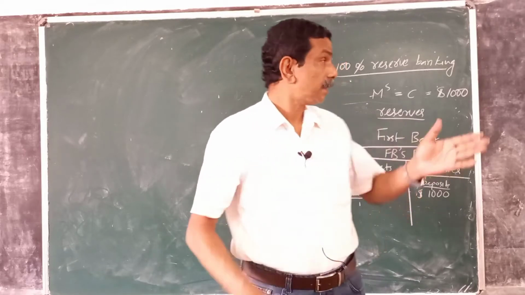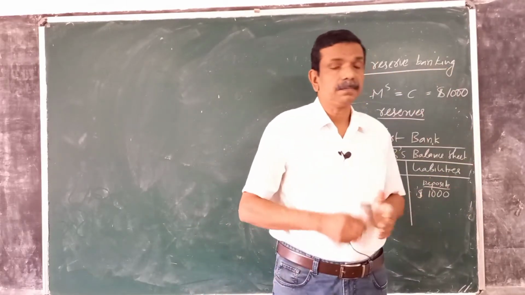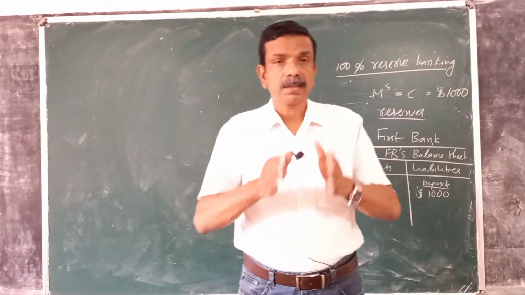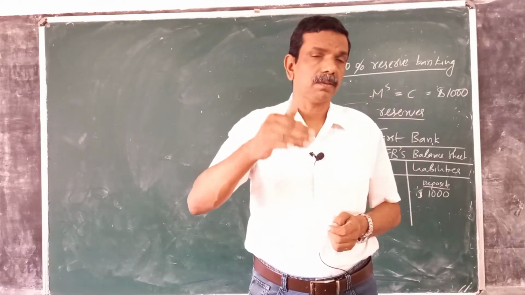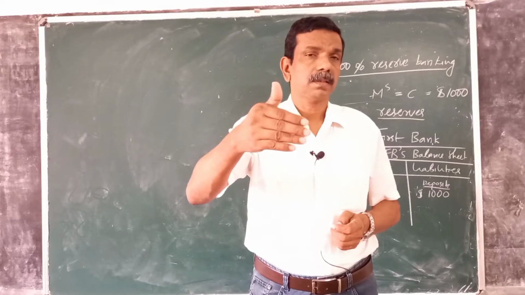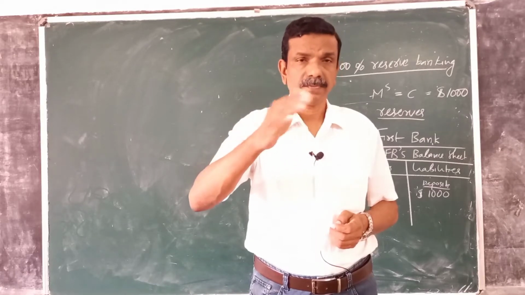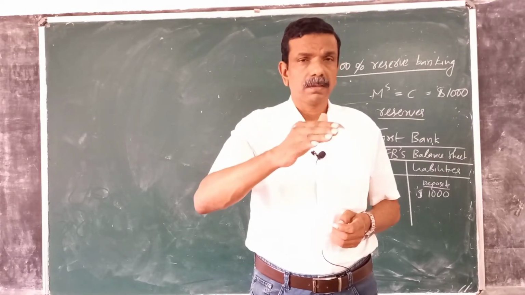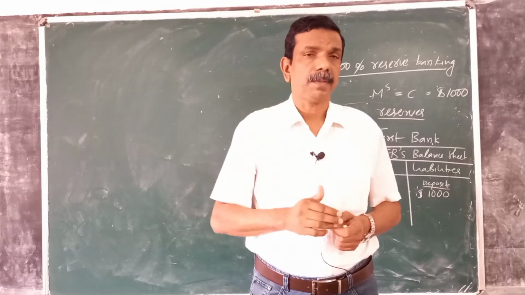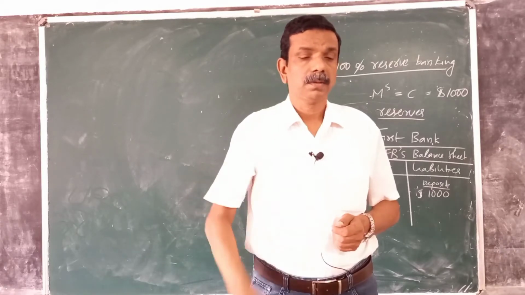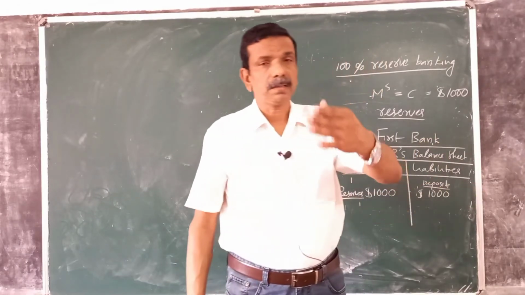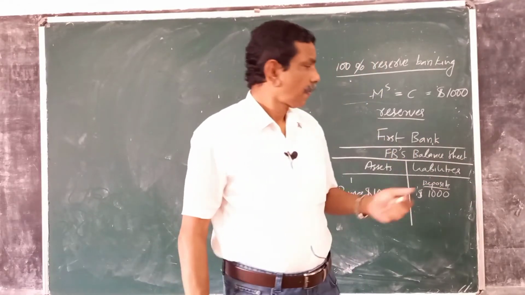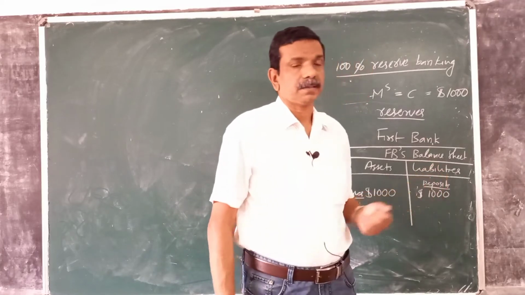That is, a 100% reserve banking system cannot affect money supply. Money supply is equal to currency held by the public before the establishment of the bank. It is equal to the deposits of the banks after the introduction of the first bank.